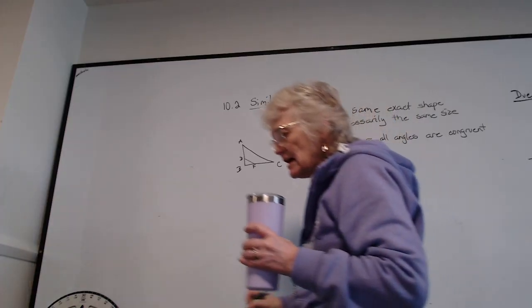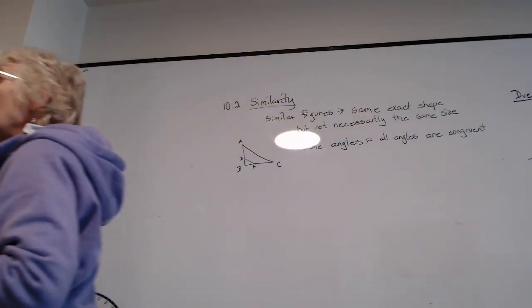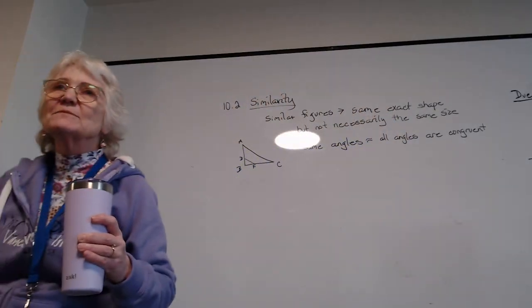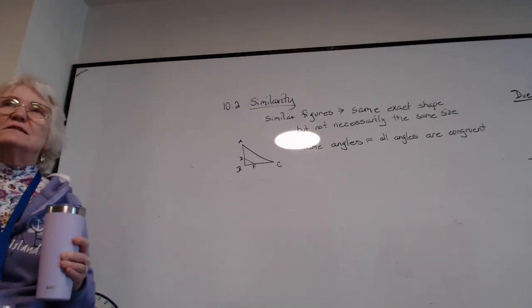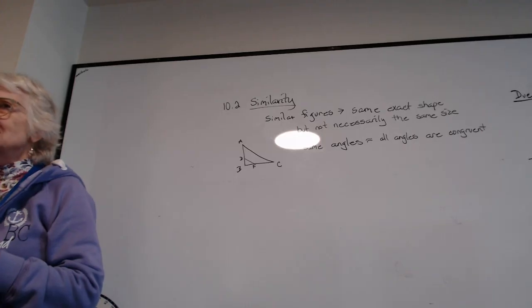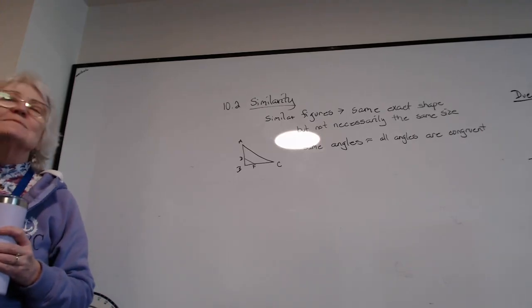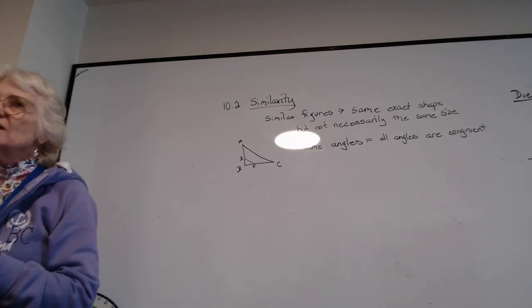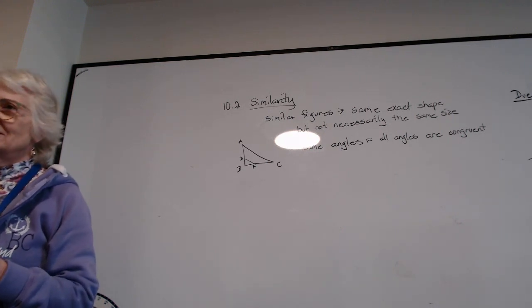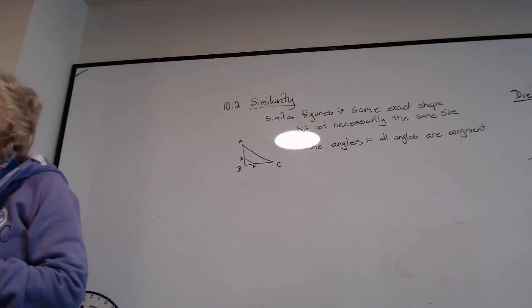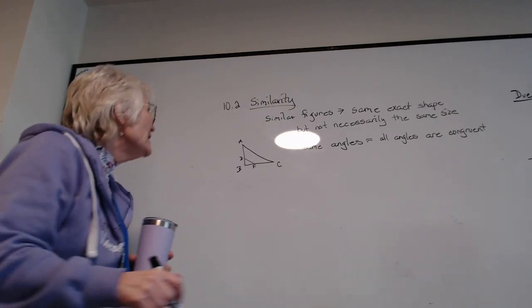So when we draw a plan for a house or plan for something that we want to build, we usually draw it to scale. When we draw it to scale, what we're actually doing is making a similar figure of it that's just a lot smaller. And we usually use a ratio.